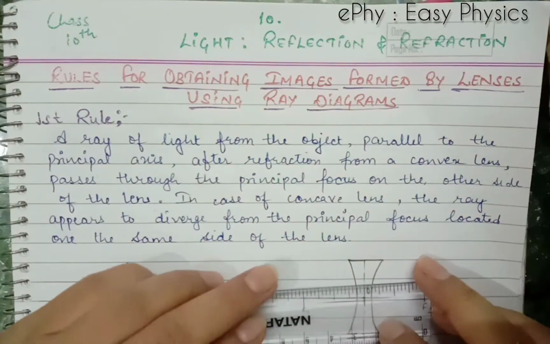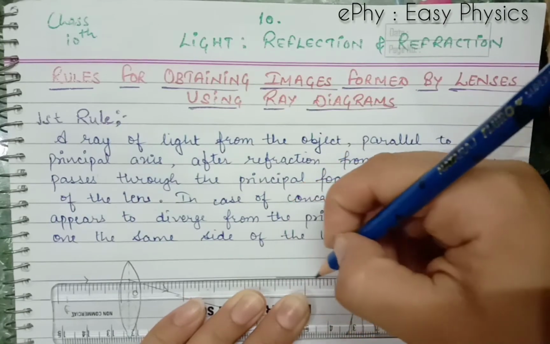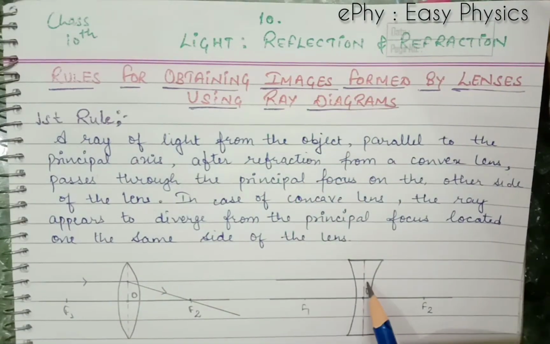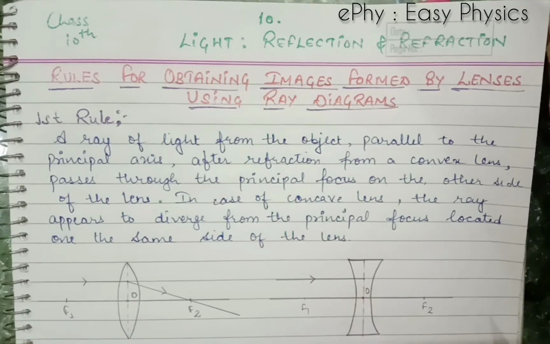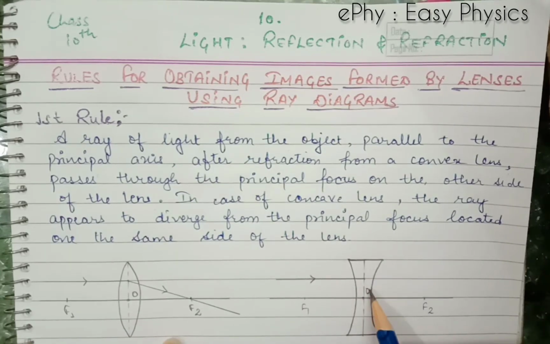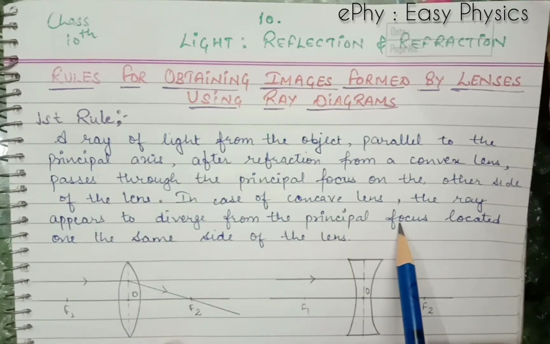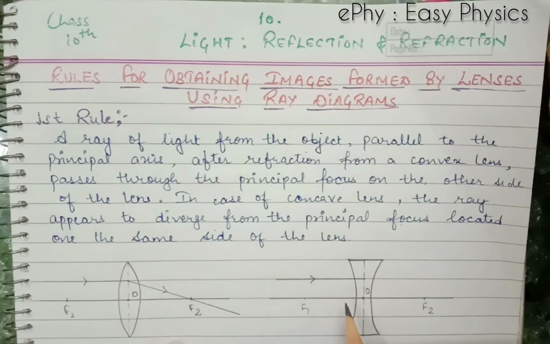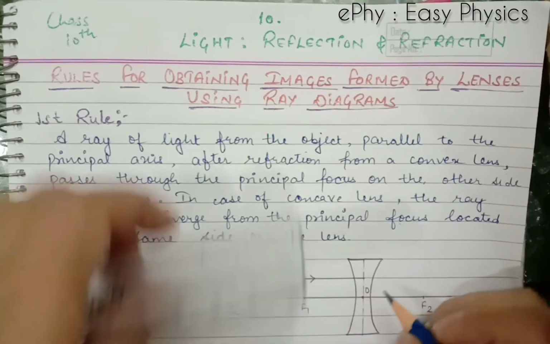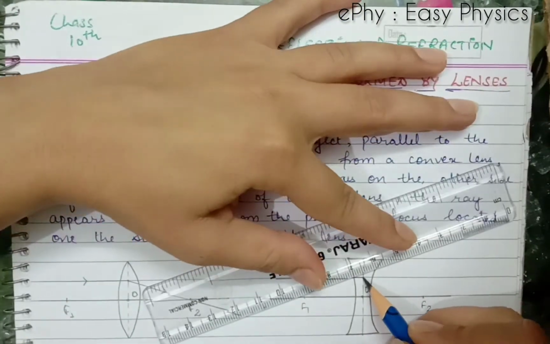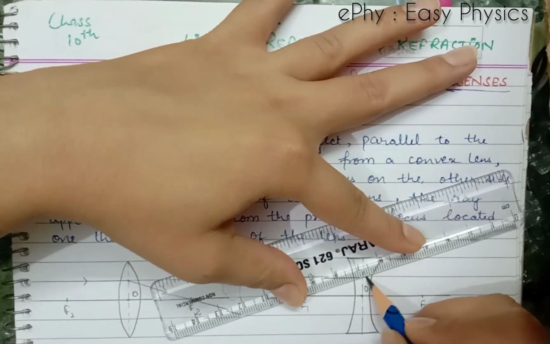Here again we will draw a ray of light which is coming parallel to the principal axis to the middle of the lens. This is an incident ray. After refraction from this concave lens, it will appear to diverge from the principal focus located on the same side of the lens. So this ray will diverge in such a way that it will appear to be coming from this focus F1.